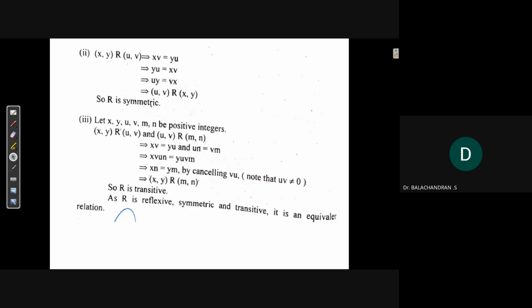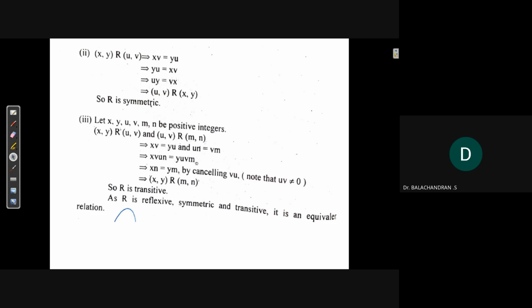Similarly, (u, v) related to (m, n), so u into n is equal to v into m. Now multiply the left hand sides: xv into un equal to the right hand side, which is yu into vm.